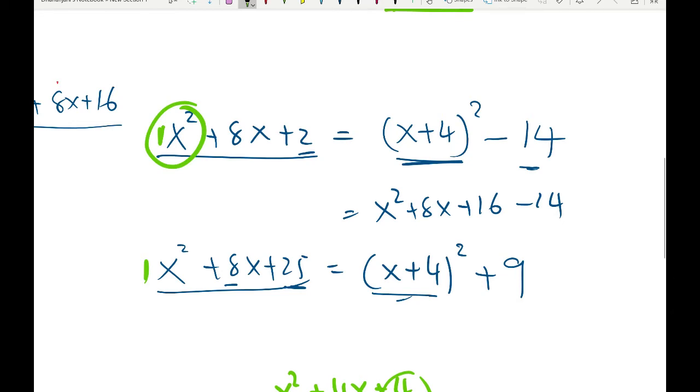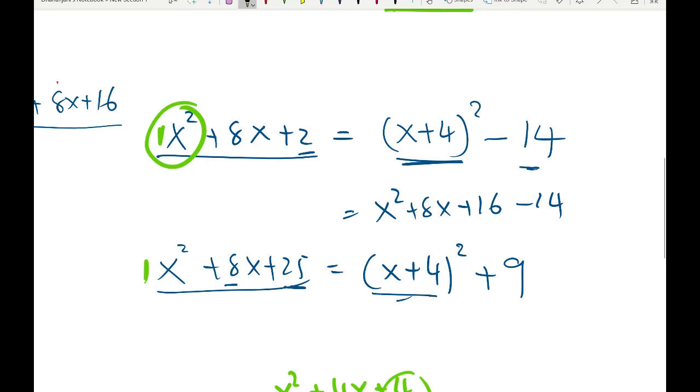If it is not 1, if it is 2, 3, negative 3, negative 1 or something else, we have to do another little trick that I will show you in another example in a different video, when I'm solving an actual full trigonometric substitution problem, because it's not that big a trick. So I have taught you the essence of it. I have reviewed the basic idea of completing the square, so you shouldn't have any problem.